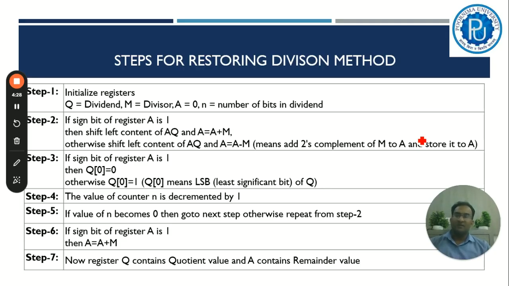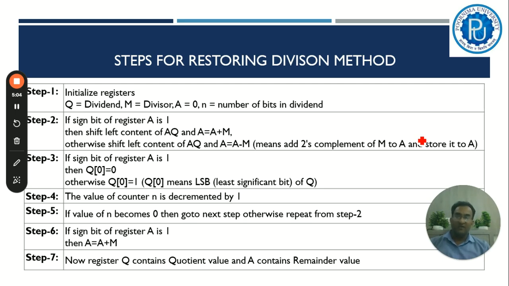Then each pass will have step 2, in which we first of all see the sign of the A register. If it is 1, then we have to shift left the content of A and Q register, and we will perform A equals A plus M. Otherwise, we will shift left the content of A and Q, and we will perform A equals A minus M. That means we have to add the 2's complement of M to A and store it in A. So step 2 is clear.